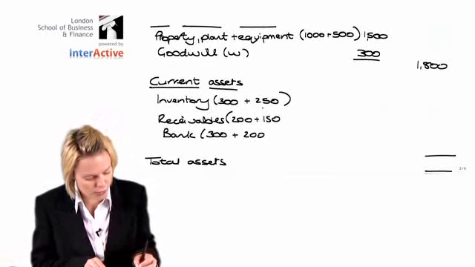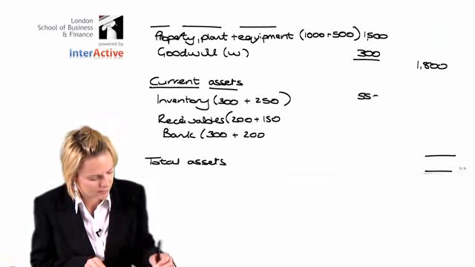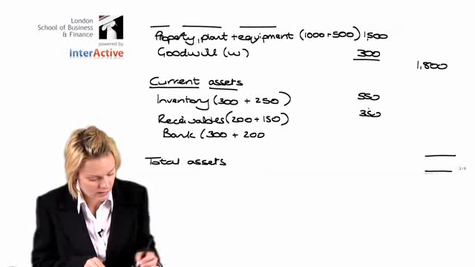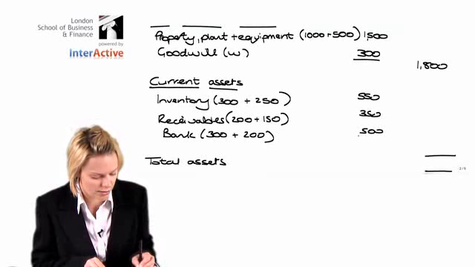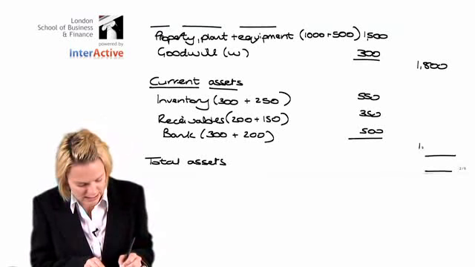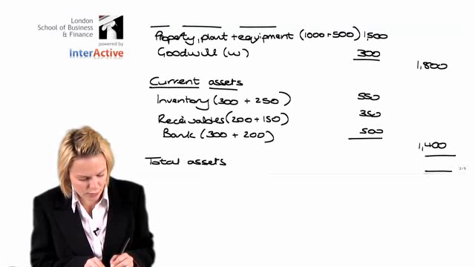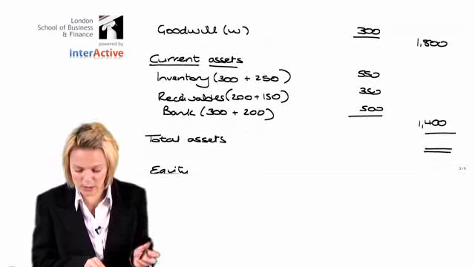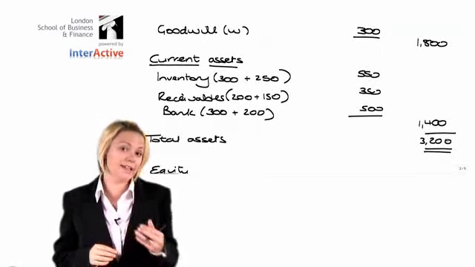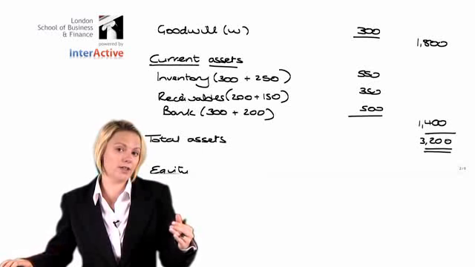Inventory for the group was 550. Receivables were 350. And bank was 500. Group current assets would be 1,400 to give group total assets in the end column 3,200. So that's the top half of the group SFP done.